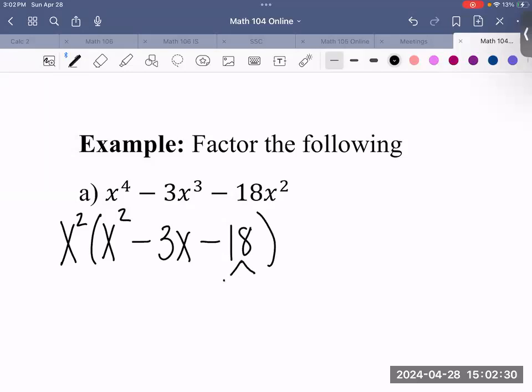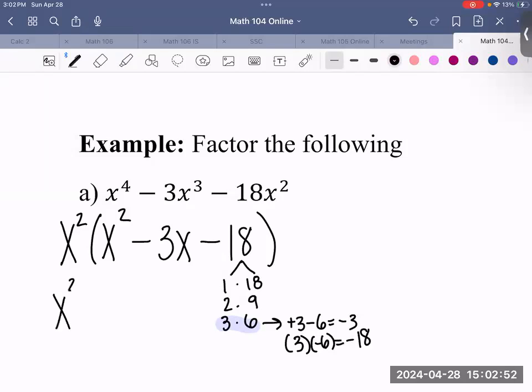So 18, 1 and 18, 2 and 9, 3 and 6, which we're trying to achieve a -3. So let's take a look at 3 and 6. 3 would have to be positive, 6 would be negative to make a -3, but when multiplying, we're still going to get a -18. So x squared, x plus 3, and x minus 6. That would be your factored form.